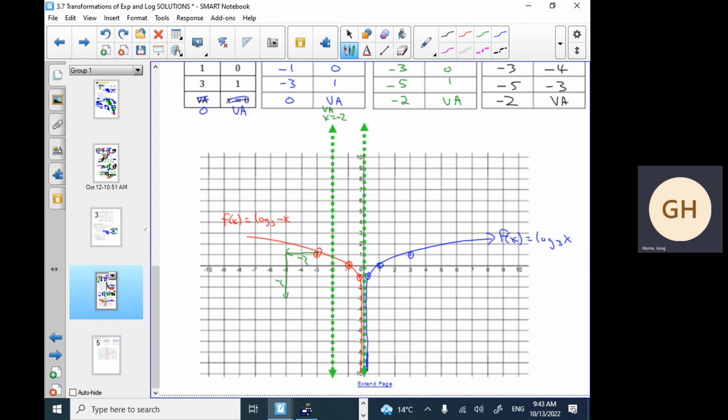Left 2, down 4. From here, left 2, and then just to the left of the asymptote, down 4. Here's where my numbers are when I draw it.